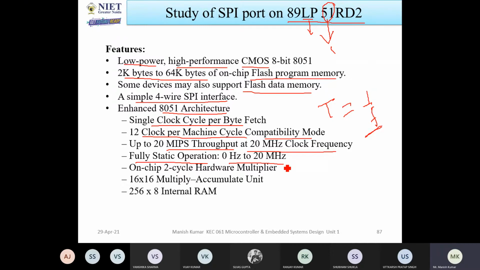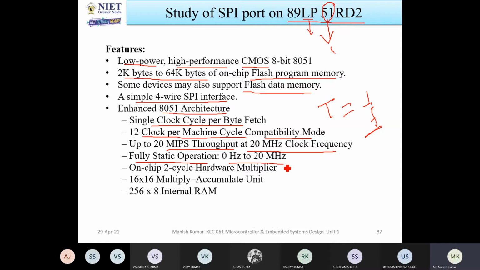So I am talking about the static operation. We are using static RAM to store the data. What is the difference between static RAM and dynamic RAM? Static RAM is based upon the flip-flop, but dynamic RAM is based on stored charge. In dynamic RAM, a capacitor is there.